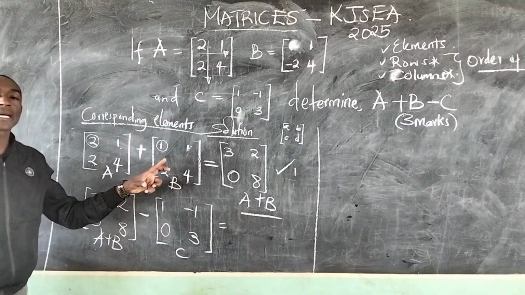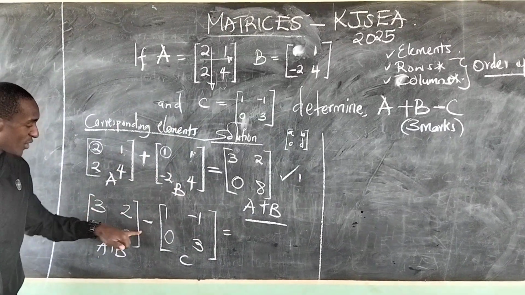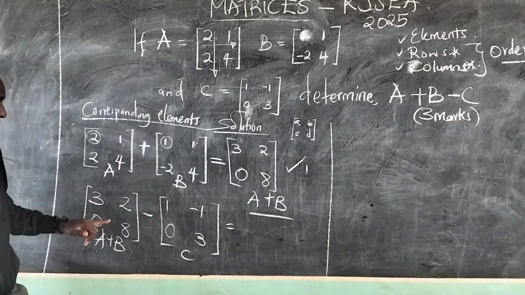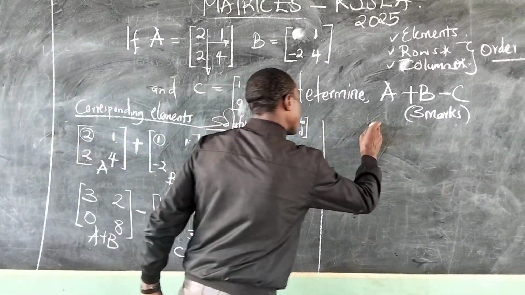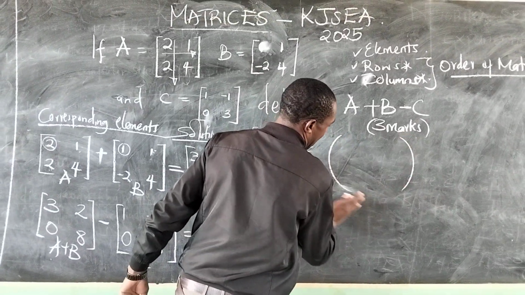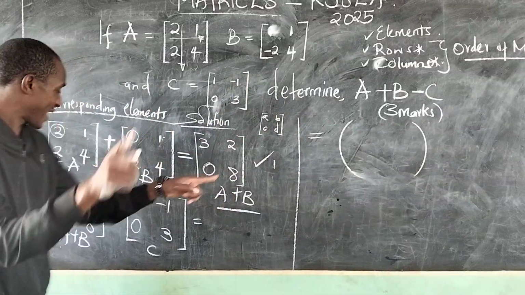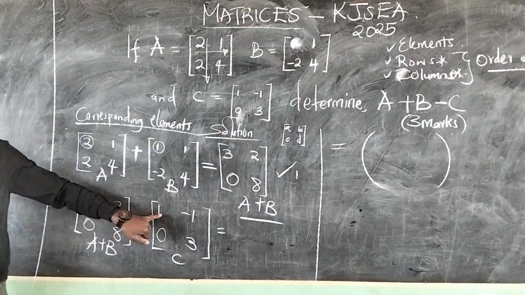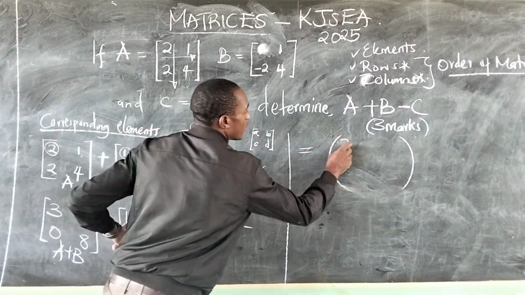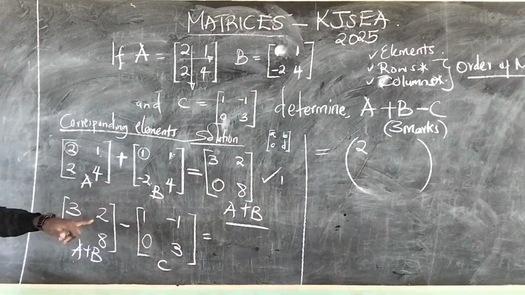Again, just like in addition, we shall subtract corresponding elements. For example, we can open our matrix here, the solution to the subtraction. I've now used round brackets. 3 corresponds with 1, so 3 minus 1 is 2. You write 2 here. You go to the next corresponding element.